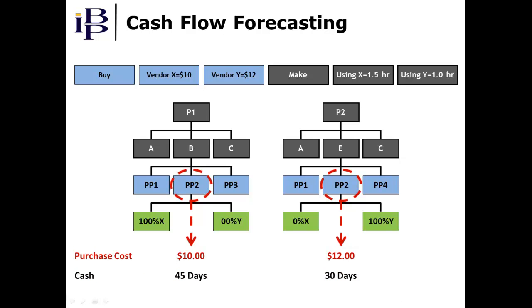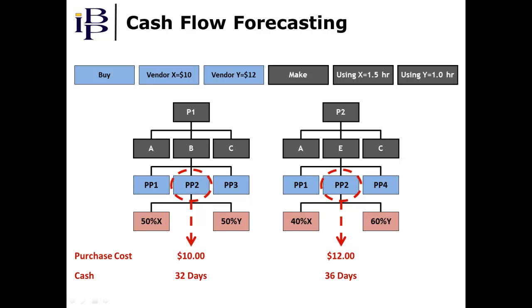Changes in vendor allocation also affect cash flow forecasts. Consider the vendor allocation shown in the green boxes. For product 1, all purchases of purchase product 2 are coming from vendor X, and for product 2, all purchases of purchase product 2 are coming from vendor Y. At the bottom, the impact on cash outflows is shown for both vendors X and Y, each of whom have different payment terms.